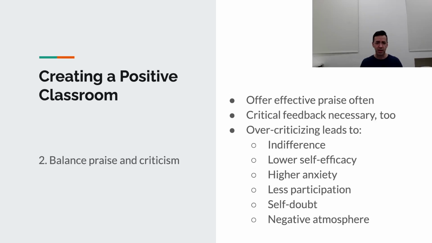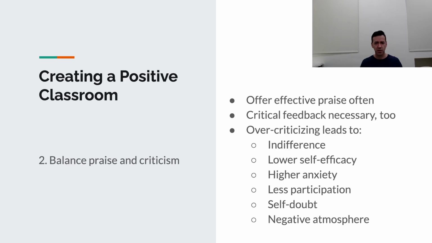Okay, the second step is to balance your praise and your criticism. You need both, but it needs to be balanced. So offer effective praise often. Critical feedback is necessary too. Now, usually what I like to do, you don't have to follow this way, but I read it in a book before and I try to do this, and I find that it's easier to give critical feedback if you start with some praise first.